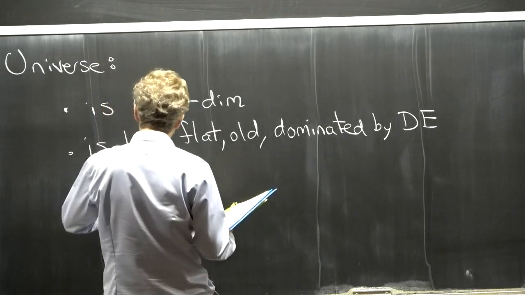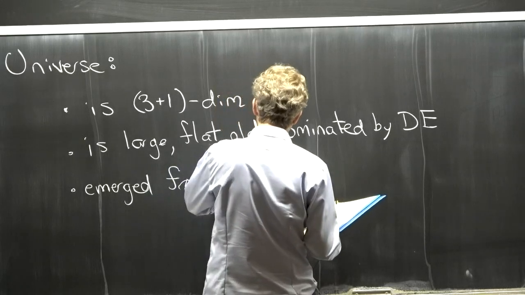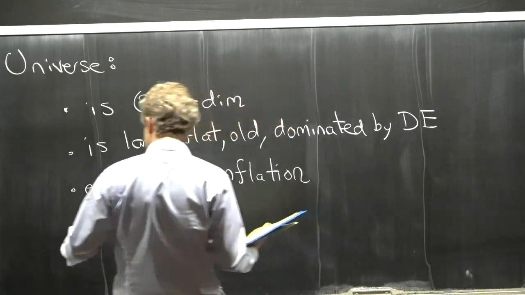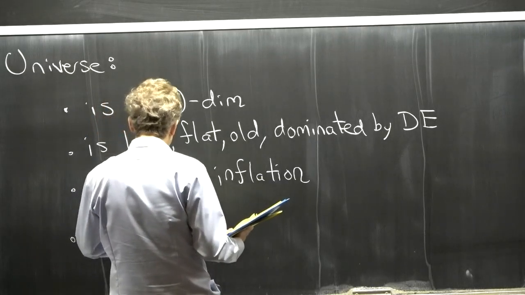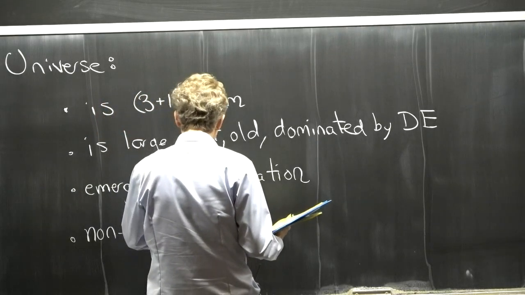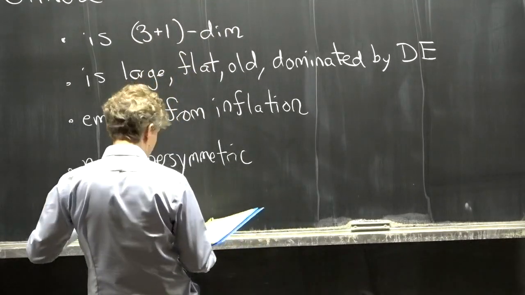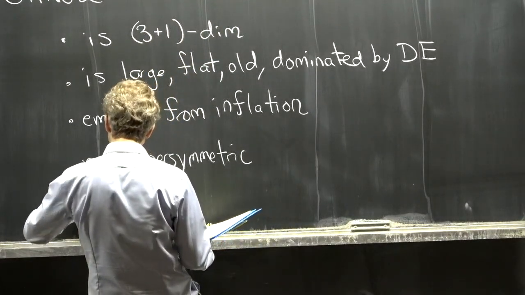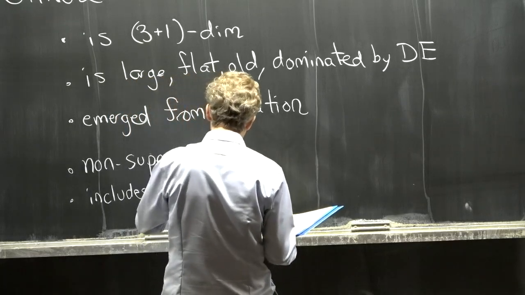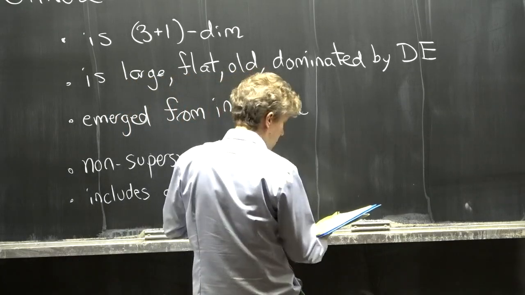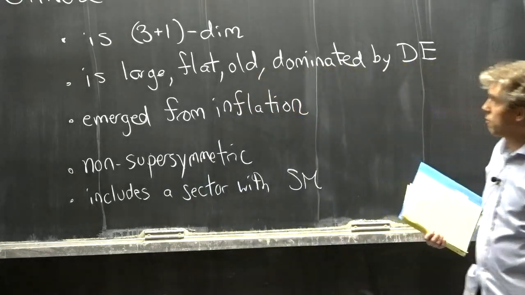The universe emerged from a period of inflation or something very much like inflation at very early times. And finally, the universe is non-supersymmetric. Actually, that wasn't the final one. One more thing we need. It includes a sector with the standard model gauge group and chiral fermions.